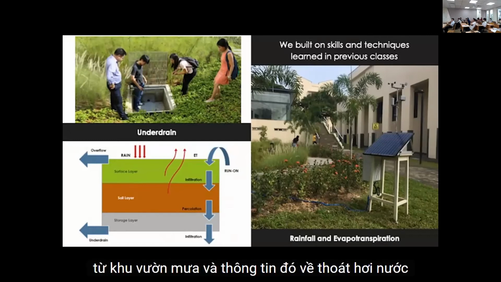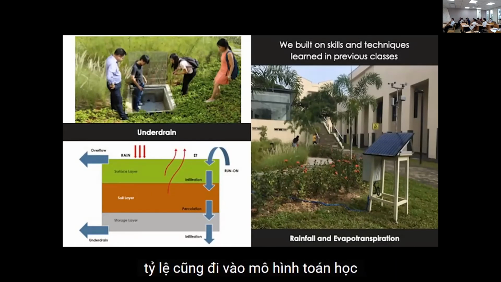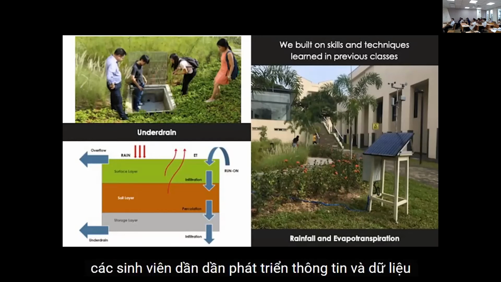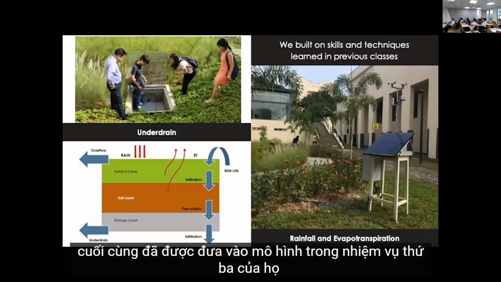And that information about evapotranspiration rates also went into the mathematical model. So we built progressively by providing different assignments for the students. Progressively, they developed information and data that finally got fed into the model in their third assignment.